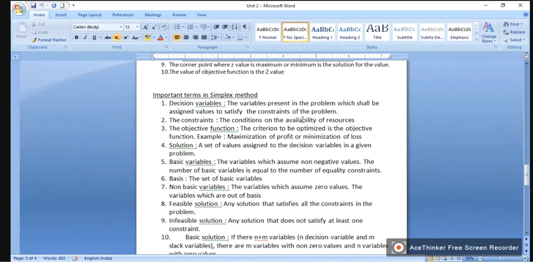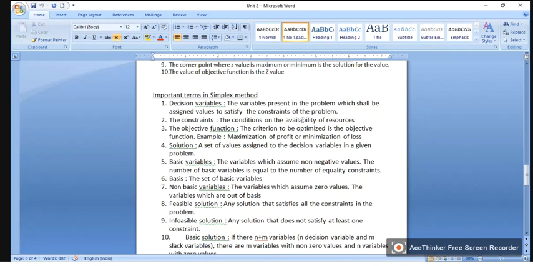Decision variables. The variables present in the problem which shall be assigned values to satisfy the constraints of the problem. Okay, so the variables present in the problem. In the case of the crop allocation problem, what are the variables? X1 and X2. What are X1 and X2?